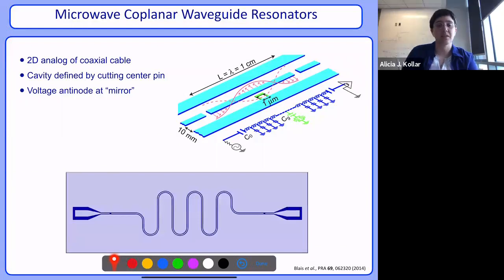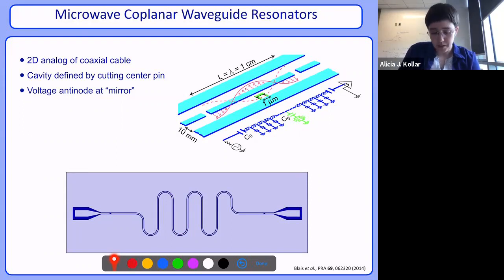In practice, they look a little bit more like this. We fabricate them with these meanders to make them a little bit more compact and on chip. And actually the fact that we can put these meanders here is going to be very crucial for some of what I'm talking about later. This is a picture of how the device actually looks.